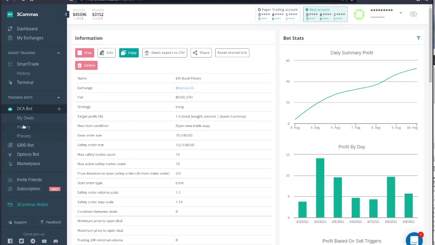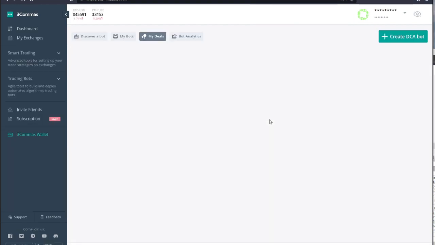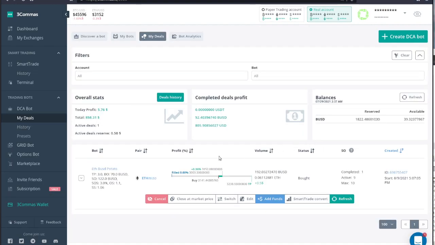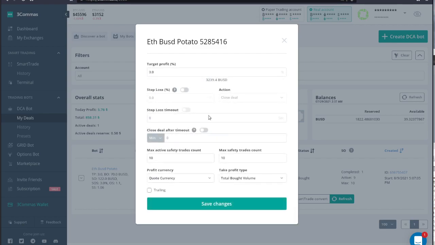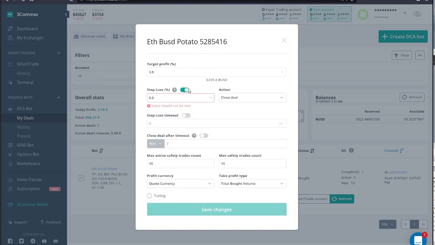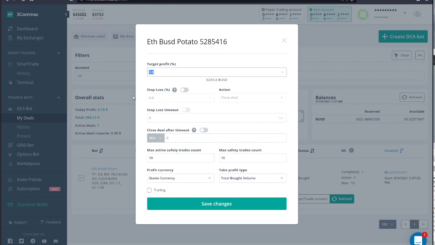And let's see our current deals, what it's currently stuck in. We can edit this and change the target profit to 1.5.